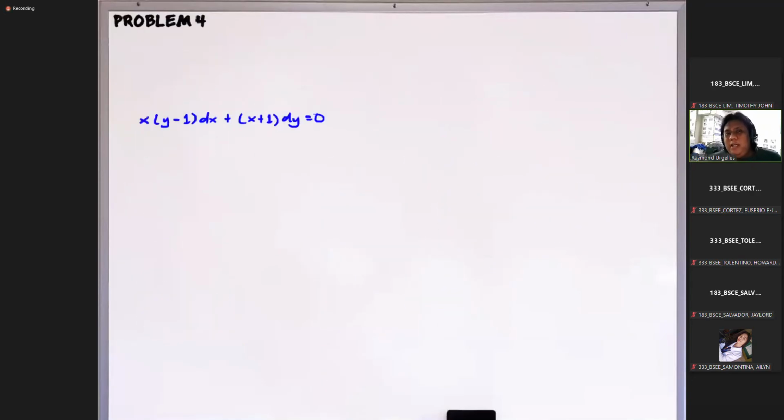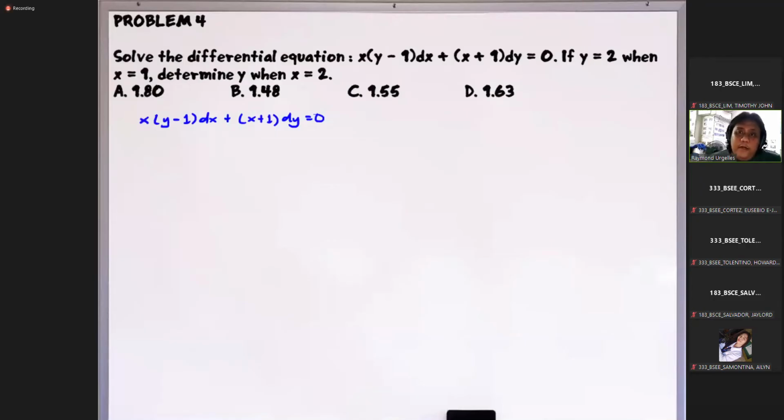Kaya pag nakalagay sa problem, what is the integration factor, ang hahanapin nyo lang doon is yung i-multiply nyo sa buong equation para mas ma-solve natin siya. Usually ginagamit natin yung concept ng integration factor sa linear differential equation, so first order linear differential equation.